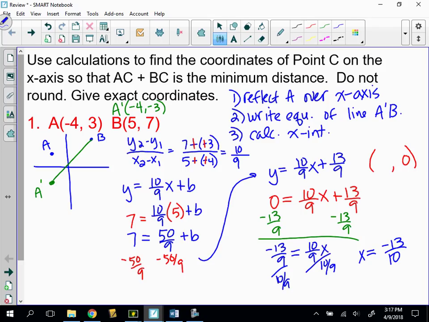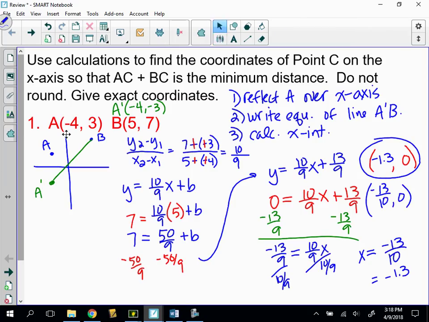Of course, this one is a terminating decimal, so that's going to be negative 1.3. So my ordered pair, I can either write negative 1.3 and call that my answer, or I can do negative 13 tenths, comma 0. That would be another way to write the answer.